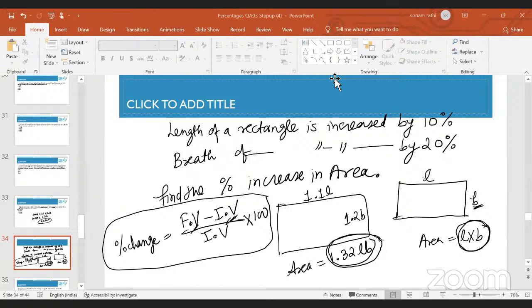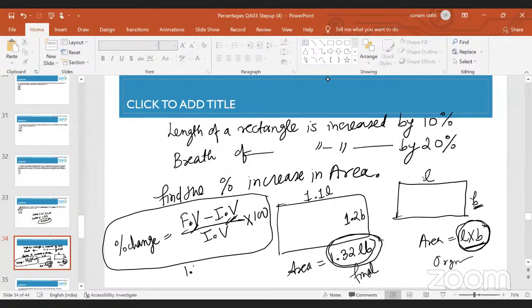Correct, Nihila? Yes, ma'am. So what will you get? Put it in that formula and solve it. Which one is the initial value? This is initial. Originally, this was the area. This is your original. And this is your final.